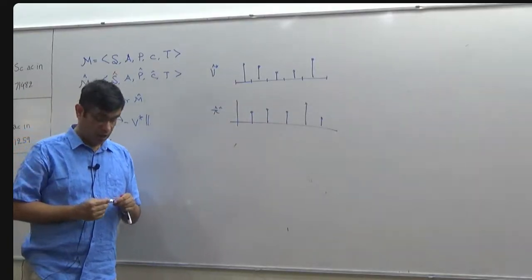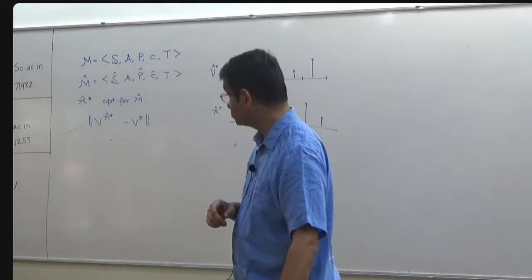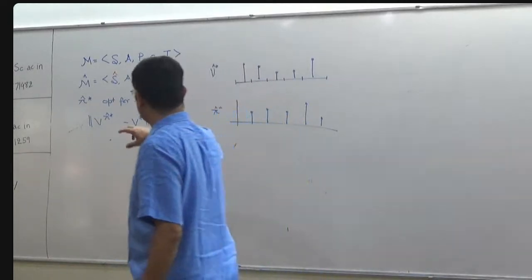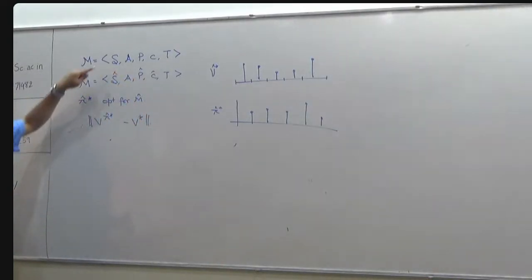Now, I am going to make one assumption in this. There are different ways to do it. The issue is that when I have a different state space, I need to know how to go from the true state to the approximate state, or from the approximate state to the true state.